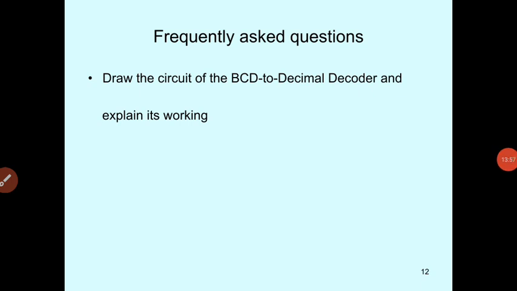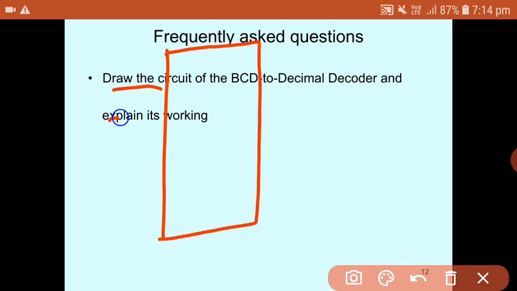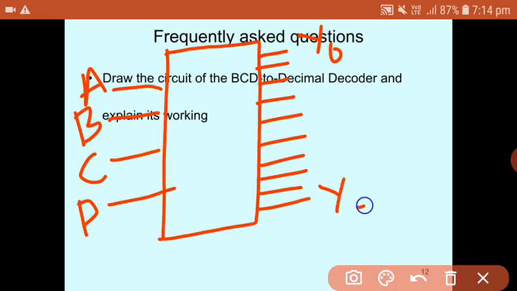Frequently asked questions: draw the circuit of the BCD to decimal decoder and explain its working. Whenever you are asked to explain the BCD to decimal decoder, first you need to draw the block diagram like this. We will have 4 inputs, let us say A, B, C and D, and 10 outputs starting from Y0 to Y9.